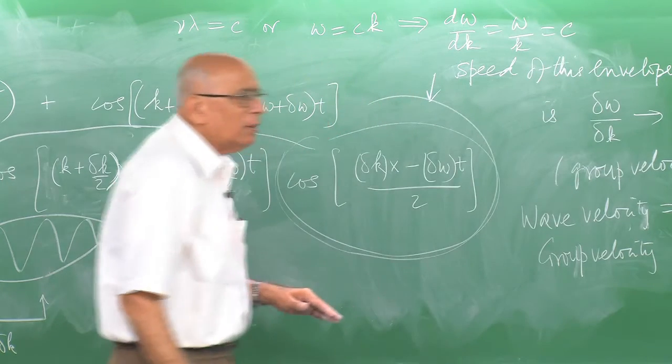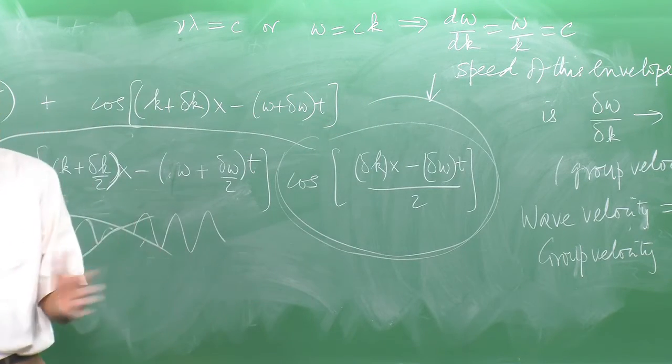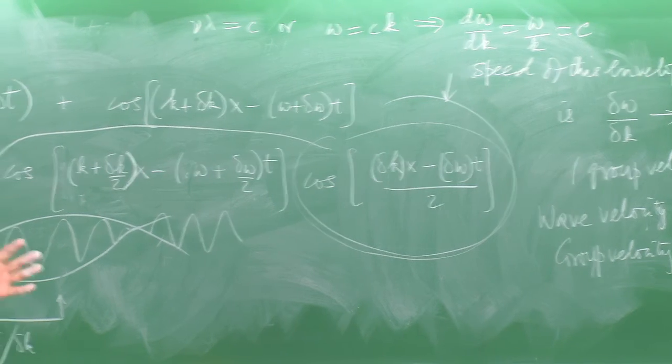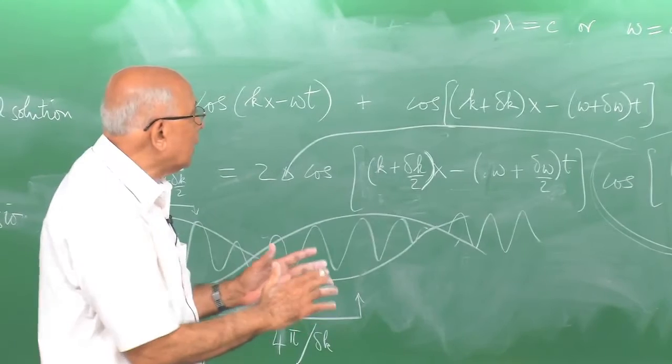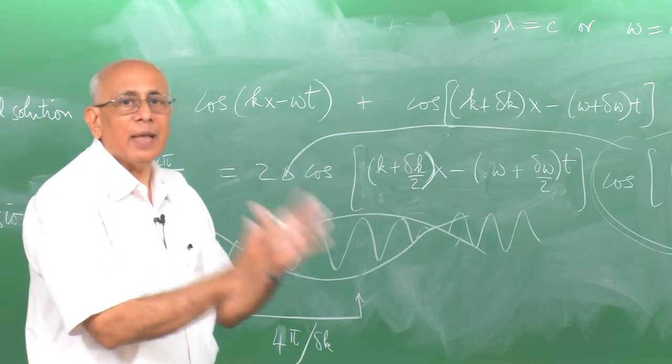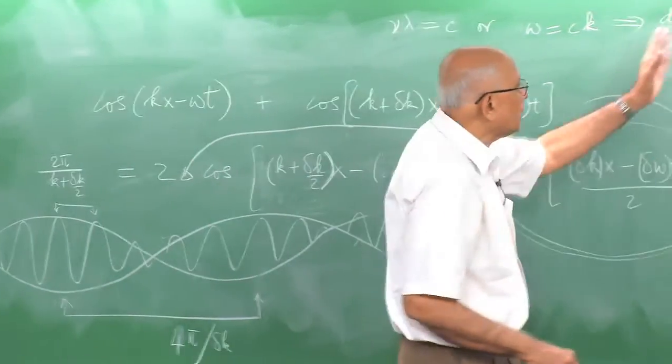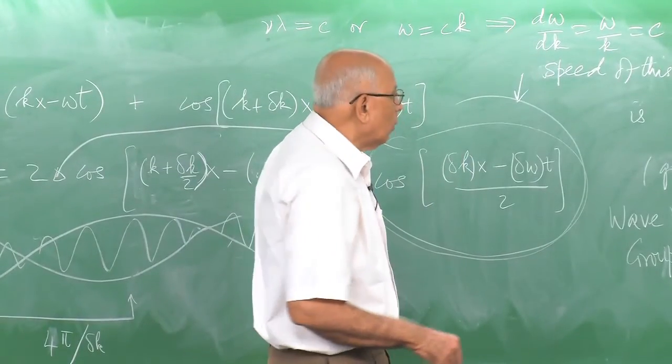In other words, for light of different wavelengths propagating in a vacuum, even if it is a wave packet, the group velocity and the wave velocity are exactly the same. The wave velocity is the same for all wavelengths and the group velocity is the same as that wave velocity. What does that mean?